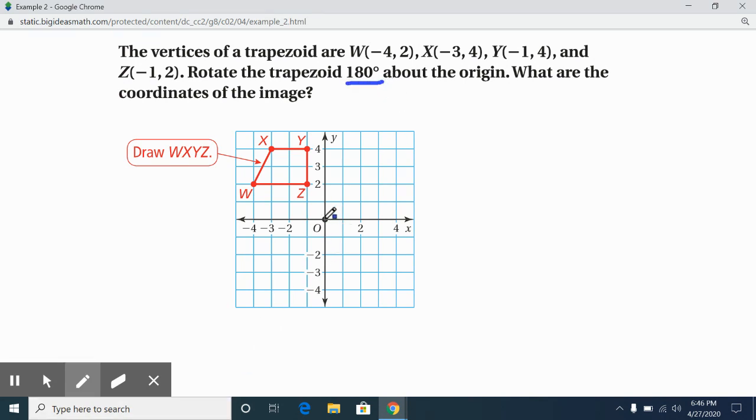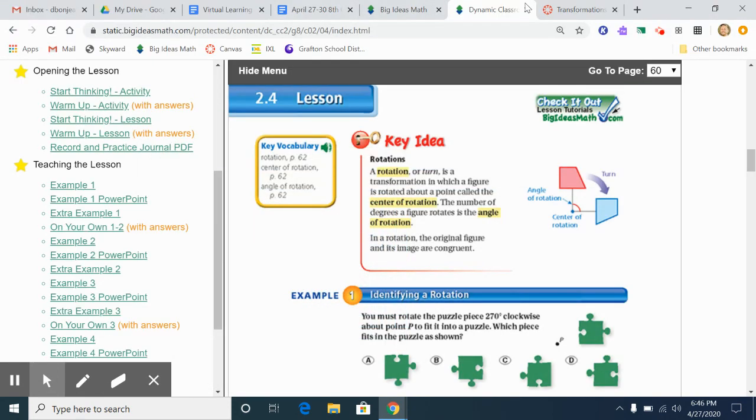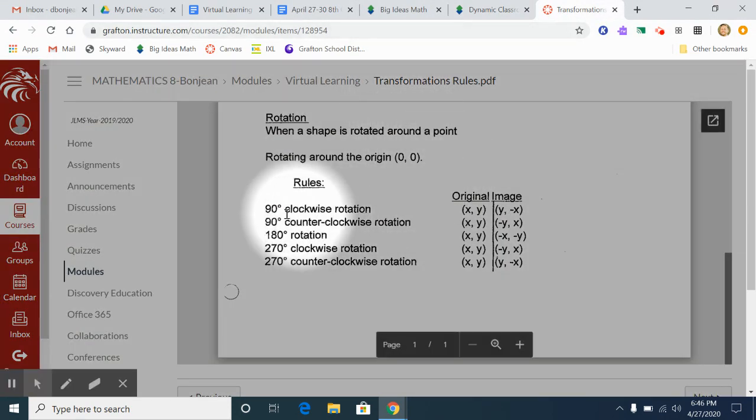We're always going to be using the origin as our center of rotation. It's saying here are the vertices of this trapezoid. Now we want to rotate it 180 degrees about the origin. What are the coordinates of the image? Let me show you the document that I uploaded, it's right here.